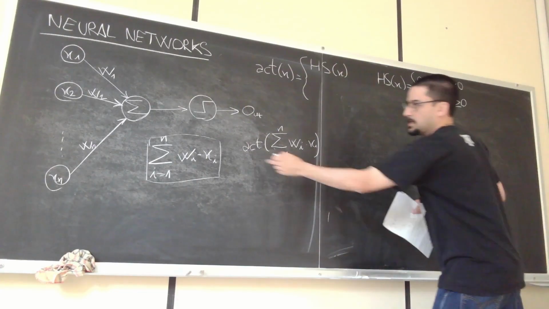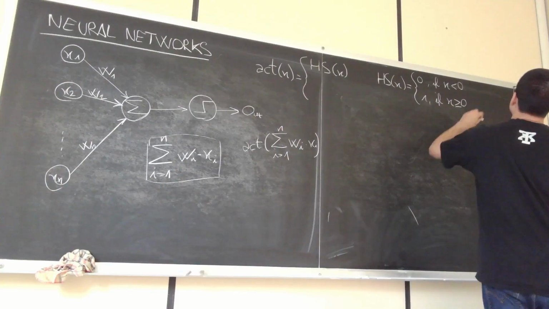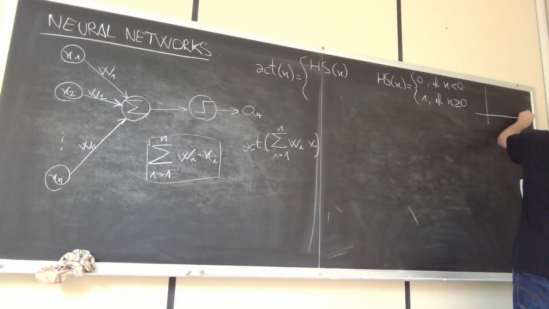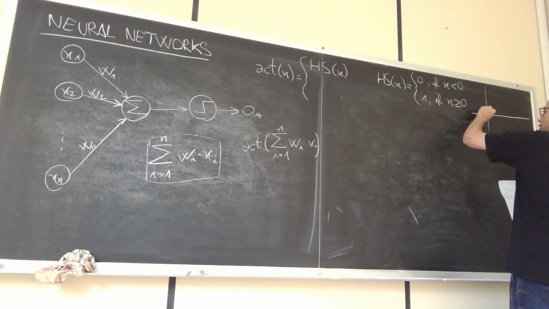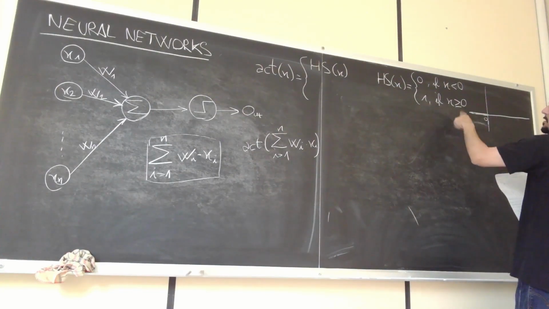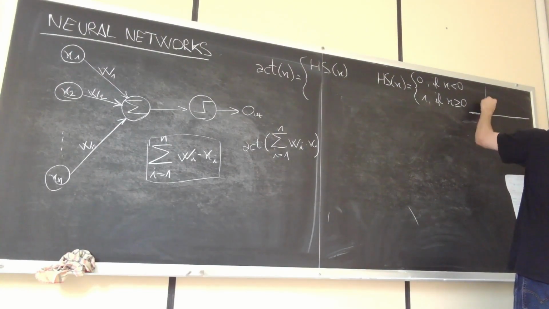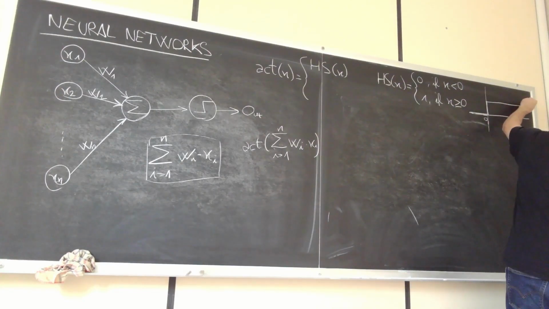I put this symbol here because it is exactly the graph of this function. If you plot it, you will have 0 until 0, then a sharp step, and then you will have 1.